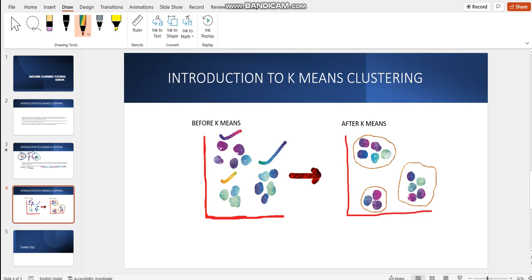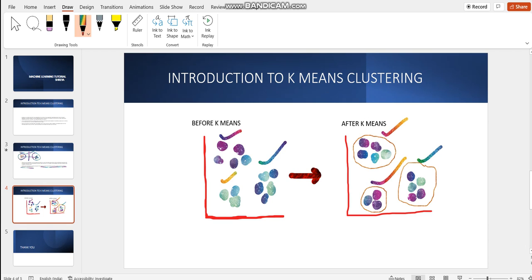But after K-means, the similar data were clustered into one cluster, then a second cluster, and then a third cluster. So this is what K-means clustering does: it tries to cluster the data points which are more similar to each other into one cluster.